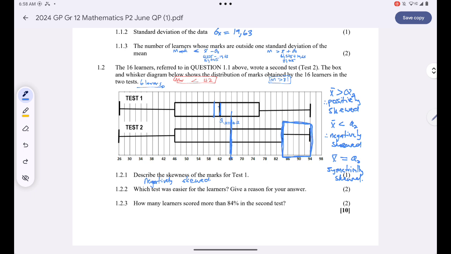I know that, guys, from the minimum point to the lower quartile, that's 25%. And then from the lower quartile to the midpoint, that's another 25%. So from Q2 going to the minimum term, that's 50% of our data.